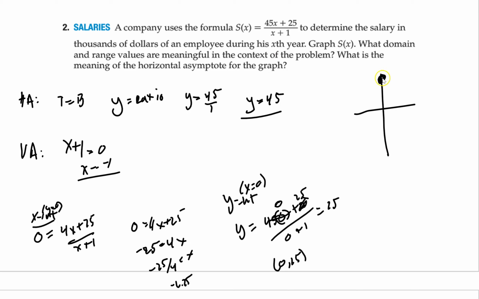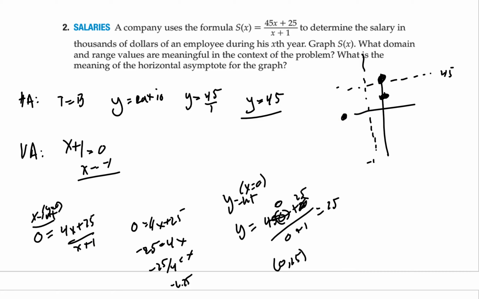Y-intercept's at 25. I have an asymptote at 45, so way up there. Let's make that the asymptote. Y-intercept's right here at 25, and the vertical asymptote's at -1. Now I already have my y-intercept, and my x-intercept is a small negative number.